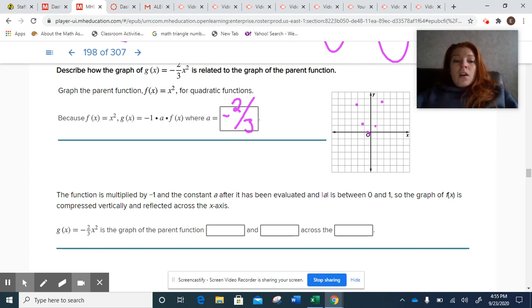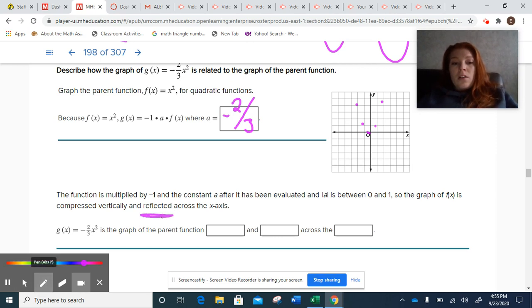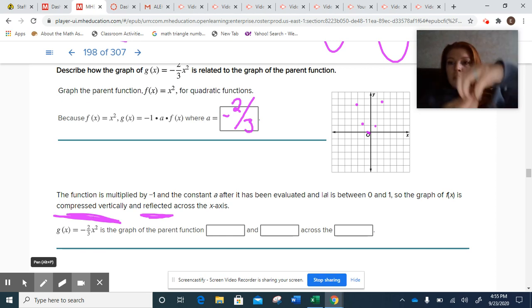So not only do we have our reflection happening, like I talked about, we also have a vertical stretch. But because it's a number that's less than 1, it actually doesn't get skinnier. It just kind of shortens up a little bit.